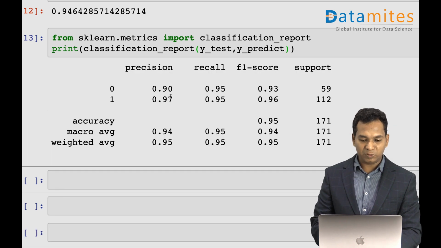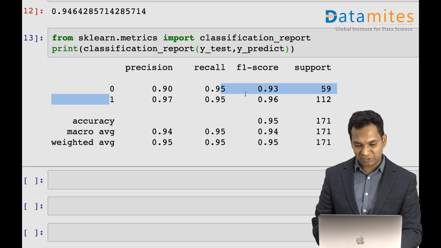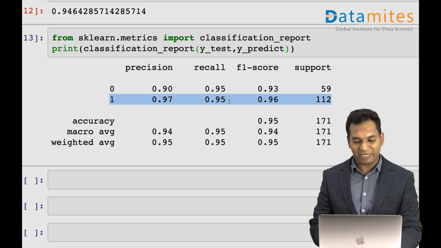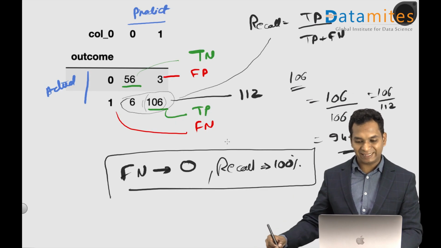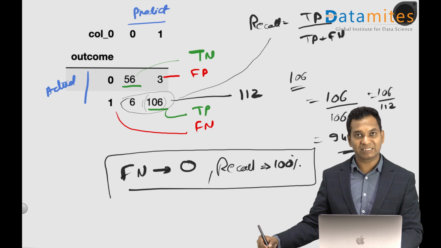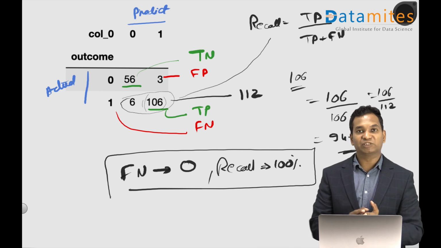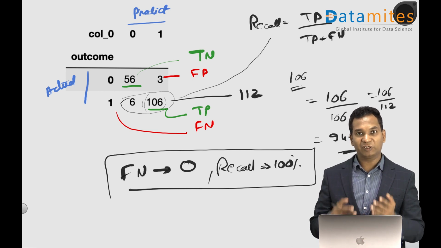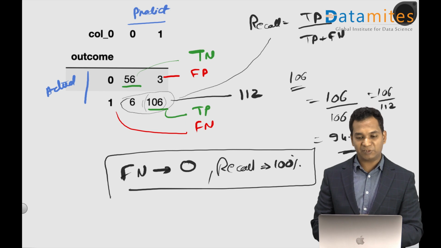It gives you the class I'm interested in, and my recall is 95. It's rounded up, so basically it's 94.6. It is giving us 95% as the recall. So that's recall, a very important measure. In this case, I want the recall to be 100%.